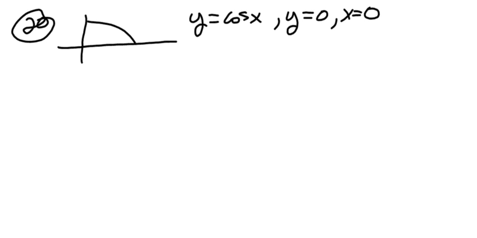Recall, because I'm going to be squaring this, the book gives us a hint. Cosine squared can be replaced with a trig identity that happens to be 1/2 of 1 plus cosine of 2x. So I have a lot easier way of integrating if I remember that fact.